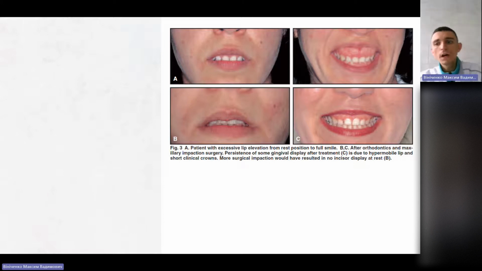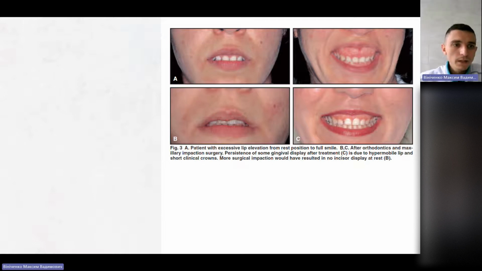If the patient is at the age of 11 for females or 12 for males, we can use some orthopedic treatment, for example a high-pull headgear, to rotate the maxilla, to make the intrusion of the anterior segments and the extrusion of the posterior segments, and to correct this gummy smile.